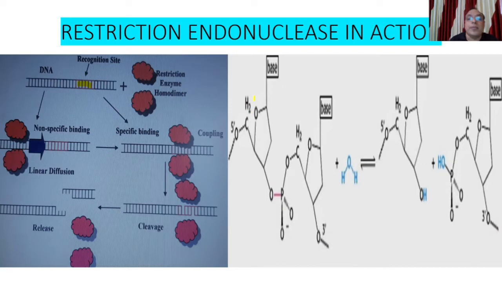You see here the chemical reaction. The backbone of the DNA is formed by phosphodiester bonds. So these restriction endonucleases cut the phosphodiester bonds. Here the bond is being cut and hydrogen is added to one end where oxygen is, you see here that hydrogen is being added here and hydrogen being added here.